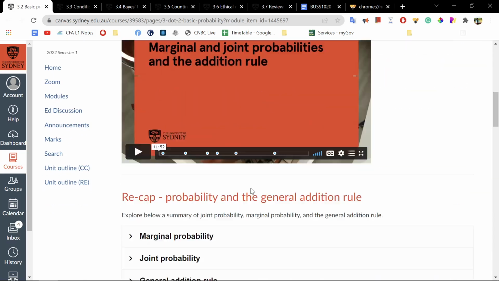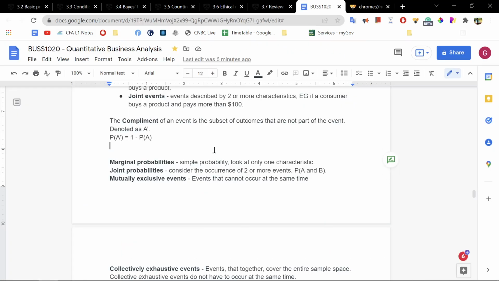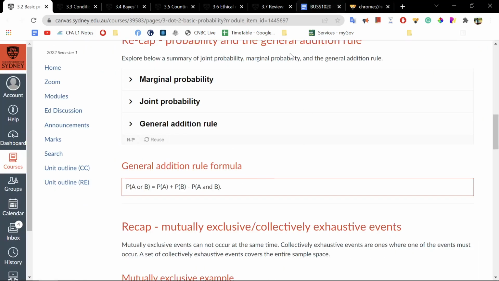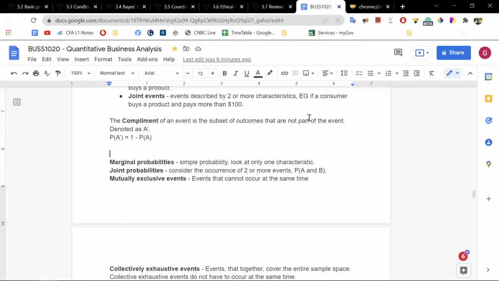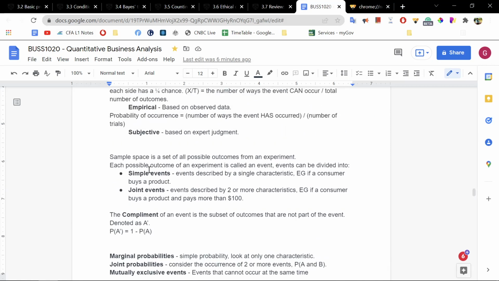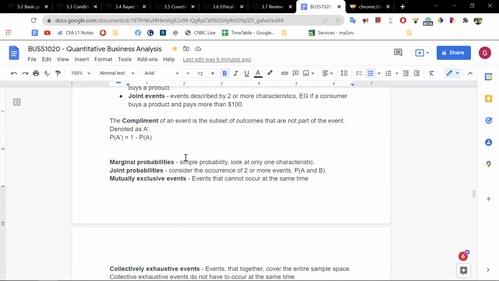Okay, so let's talk about marginal probability now. Marginal probability refers to a simple probability, which only has one characteristic. This is what we thought of just right here, a simple event, whereas a marginal probability refers to a simple probability where we are only looking at one characteristic of an event occurring or not occurring, or how many times it occurs.